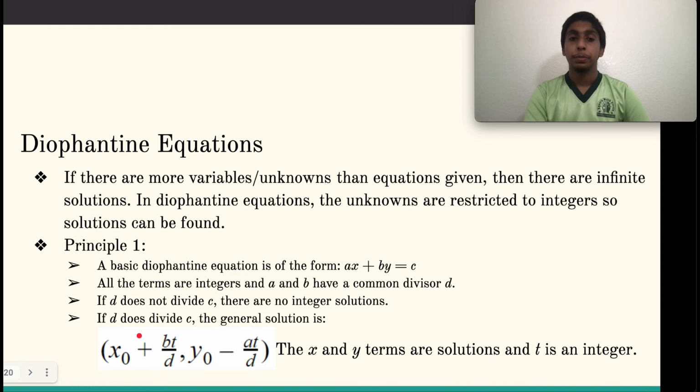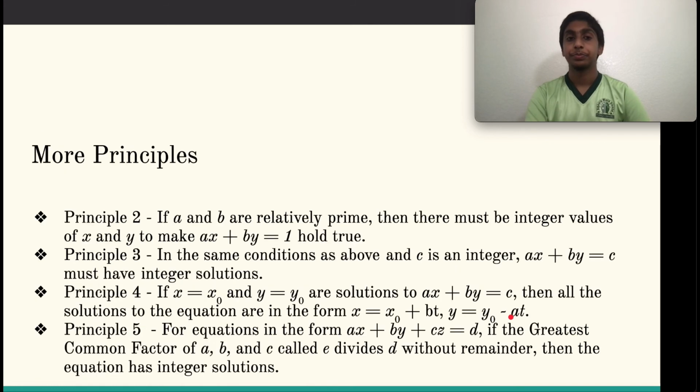And this is an ordered pair because, as you know, the answer to a system of equations is given as an ordered pair. So we have an x term here and a y term here. The x and y terms here, x0 and y0, are solutions, and t is an integer. That's just our principle 1 on how we can find the different solutions that are integers. We're trying to find integer solutions only.